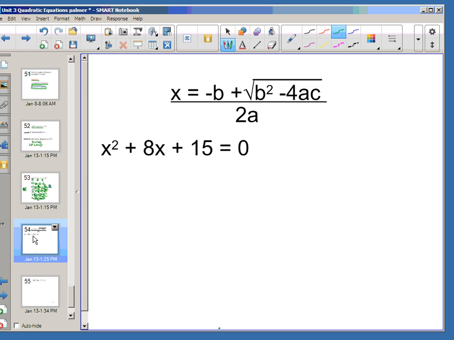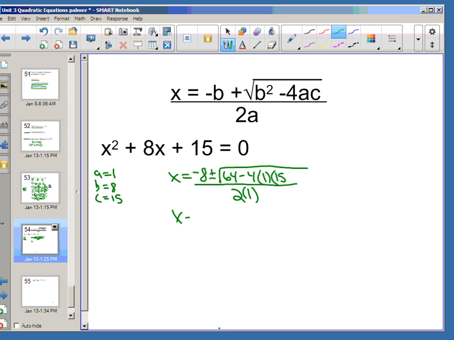All right, here's the formula right here, and it looks much better typed out. But basically now, you can just put numbers into that formula and solve it really quickly. So here, my a value would be 1, the number in front of the x squared. My b value is 8, and my c value is 15. So if I follow this formula, I just go x is equal to the opposite of b, so negative 8, plus or minus the square root of b squared, which would be 8 times 8, so 64, minus 4 times a, which is 1, and c is 15, all over 2a, all over 2 times 1.